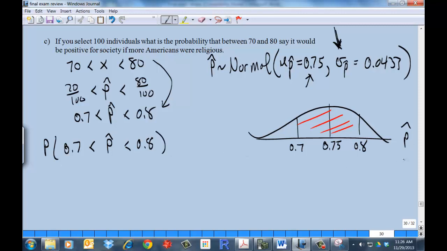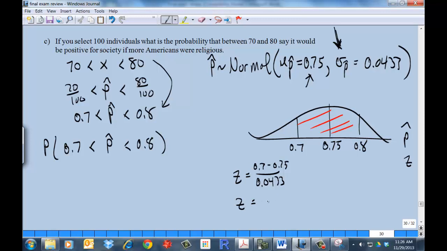We have to convert p hat into a z-score. So z is equal to p hat, whose lower bound is 0.7, minus 0.75 over the new standard deviation, 0.0433.